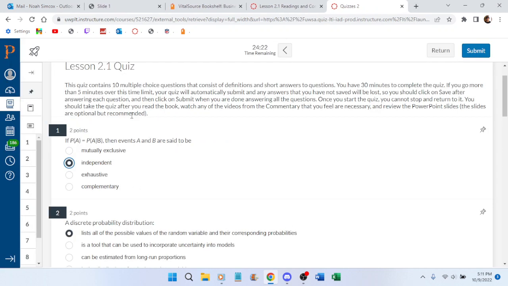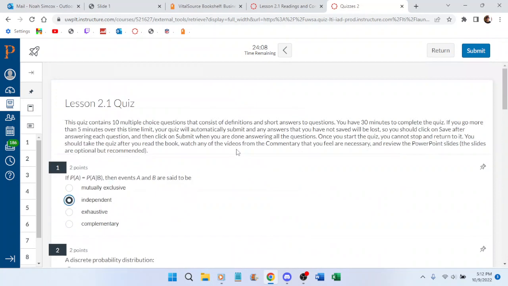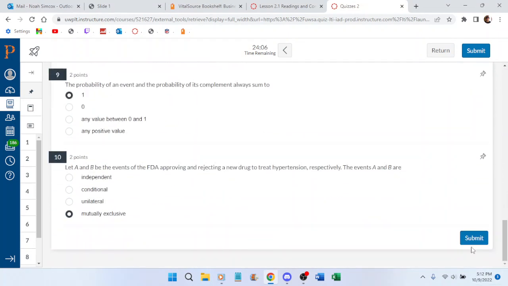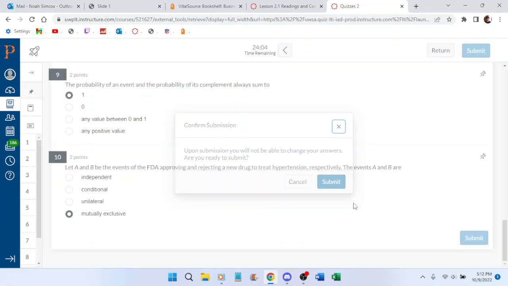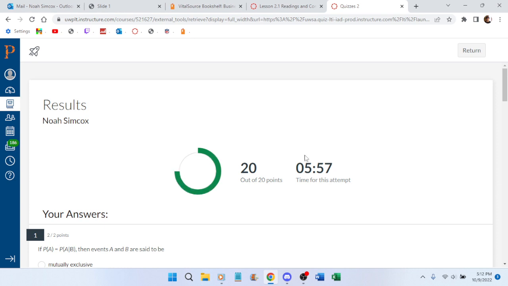Anyways, it's independent because it doesn't matter whether B happens. It doesn't affect it, so it's independent. Please be right. Oh, great. 20 out of 20. Wow.